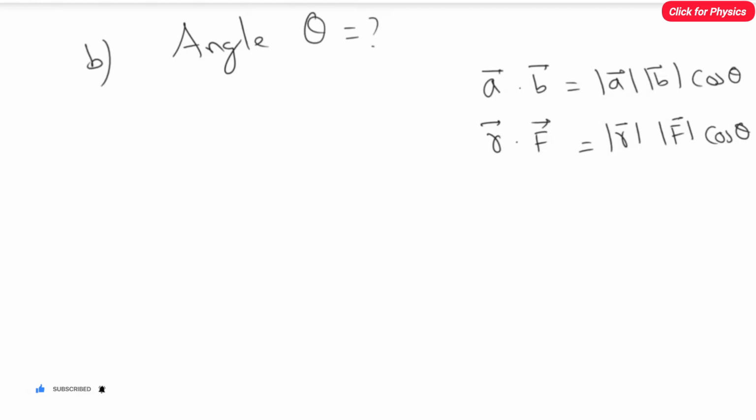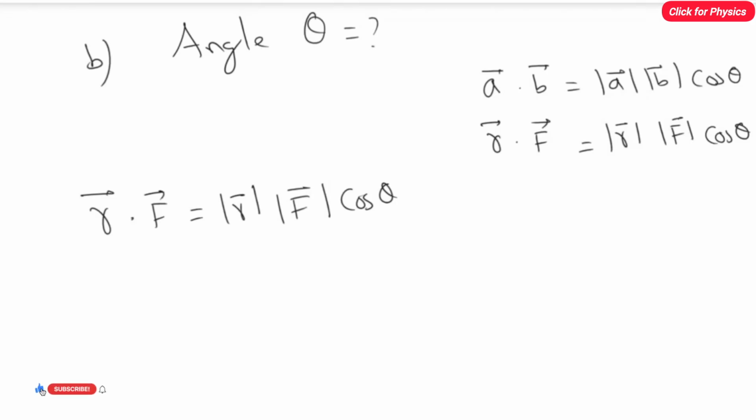So let's rewrite this formula one more time. r vector dot f vector is equal to magnitude of r vector multiplied by magnitude of f vector multiplied by cosine theta. First, let's rearrange this equation in terms of theta. I'm going to keep the cosine theta here and move the magnitude of r and magnitude of f to the left hand side as the denominator.